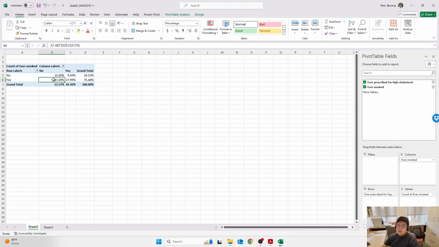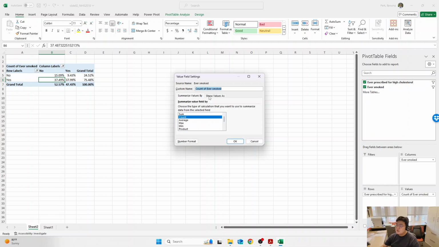And to calculate the conditional probability for each condition, it's actually easy. So back to here, value field setting, and I am going to go here. Instead of percent of grand total, which is 7,888, we are going to use denominator percentage of column total. This is exactly how we calculated conditional probability in the first video, right?